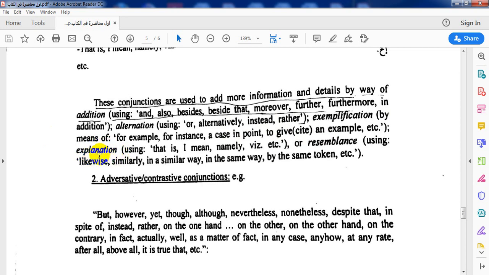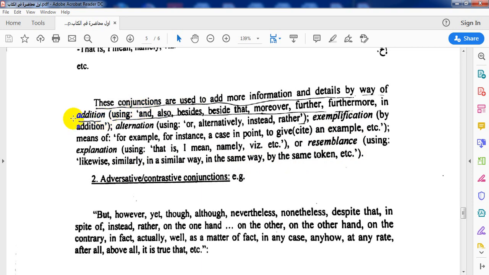Explanation, التوضيح, to explain more, using that is, I mean, namely, etc. Or resemblance, التشابه, or similarity, using likewise, similarly, in a similar way, in the same way, by the same token, etc. You see, resemblance.